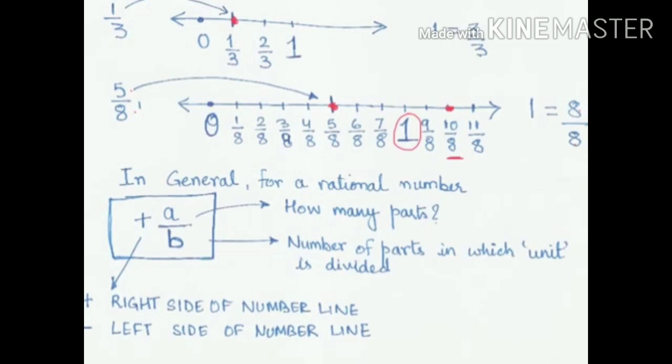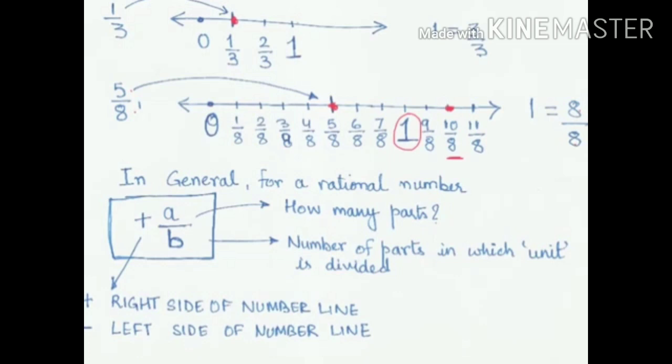Going back to our definition, rational numbers exist between the numbers that we have already studied earlier, between 0, 1, 2, or between any two consecutive whole numbers or integers on a number line, right?